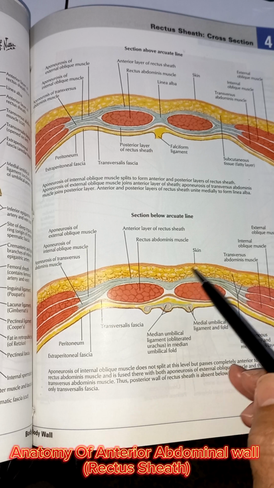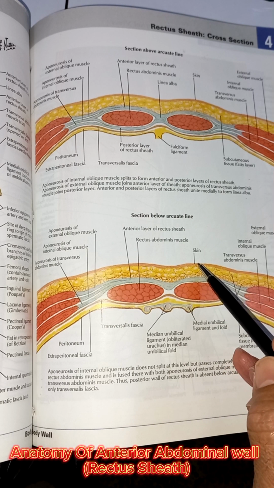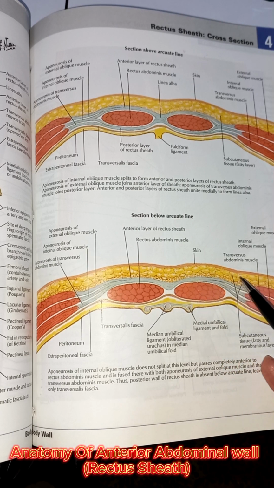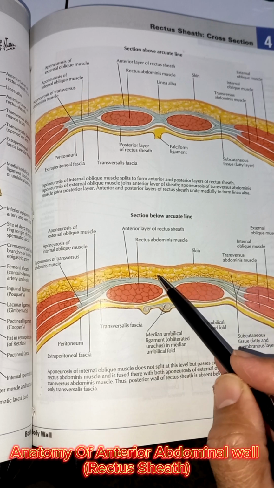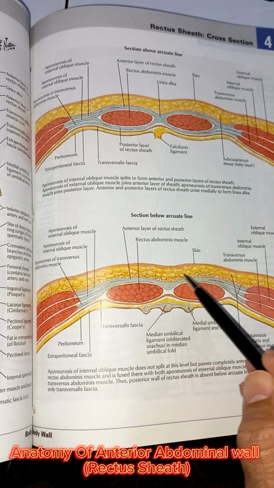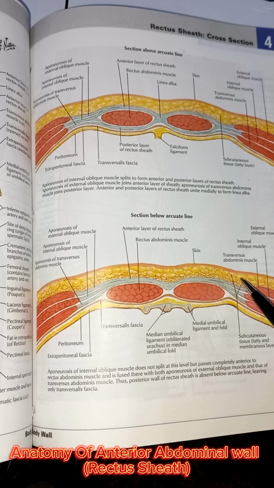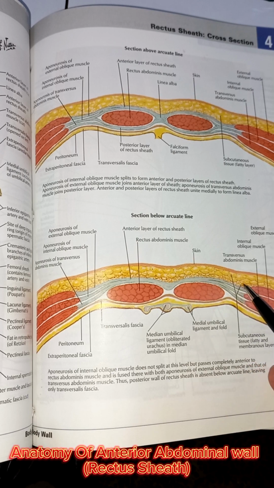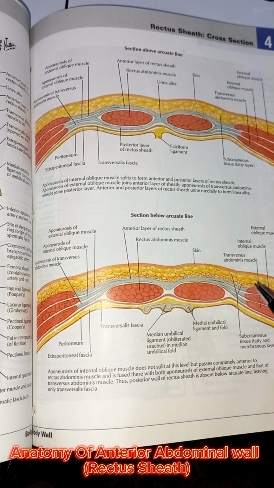Again, this is the skin, then is the subcutaneous tissue. Here the subcutaneous tissue has two layers. One is the fatty layer, which is also called fascia of Camper. Second is the membranous layer, which is called Scarpa's fascia.